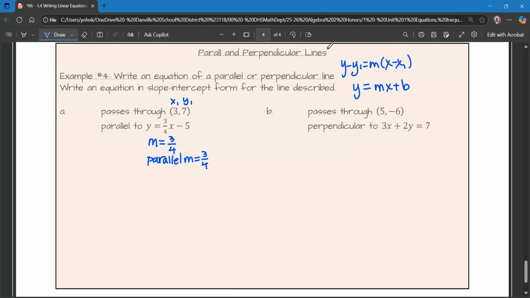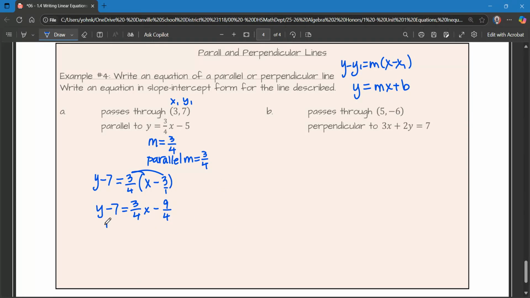And so we can go straight to writing the point-slope form. We can do y minus y1, which is 7, equals m, which is 3/4, times x minus x1, which is 3. Distribute the 3/4, so y minus 7 equals 3/4 x minus 9/4, because you can put a 1 underneath the 3.